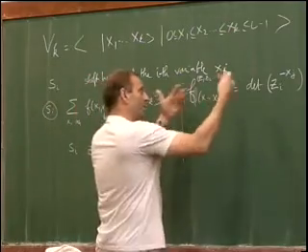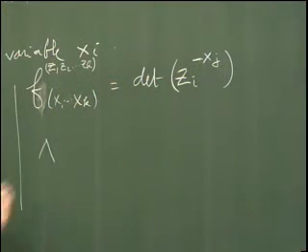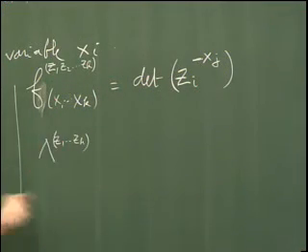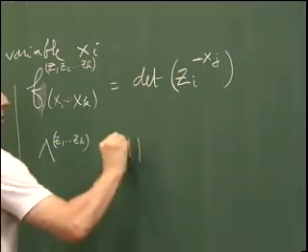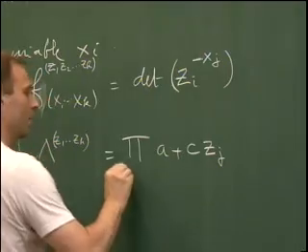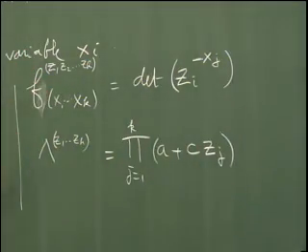And associated to this eigenvector, there will be the eigenvalue, let me call it lambda(z1, ..., zk), equal to the product of (a + c z_j) from j equals 1 to k. Okay, this is what this diagonalization amounted to.